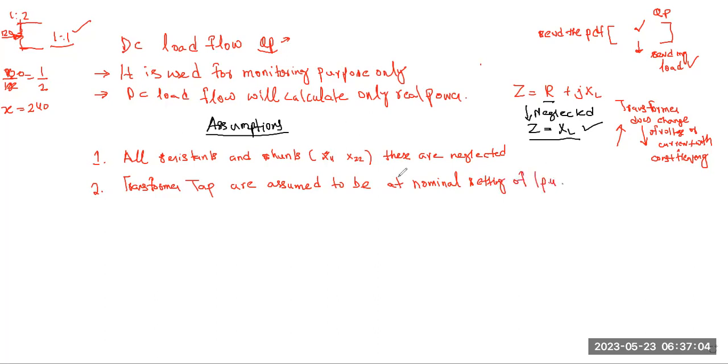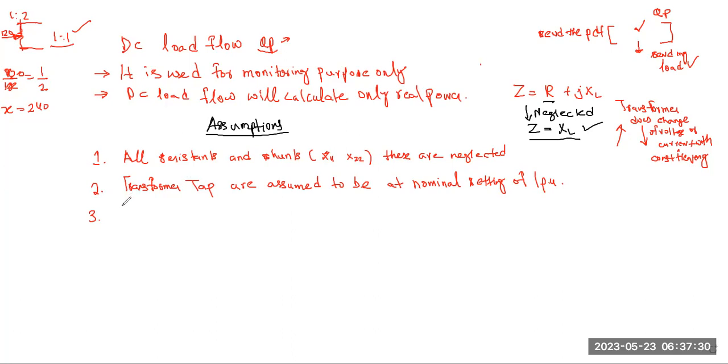This is one thing. Then all the bus voltages. Like in the DC and AC sweep, primarily the bus voltage was calculated first, then the current was calculated, then the drop was calculated. Once that drop was calculated, in the second iteration that drop caused a different voltage, and that voltage was substituted.